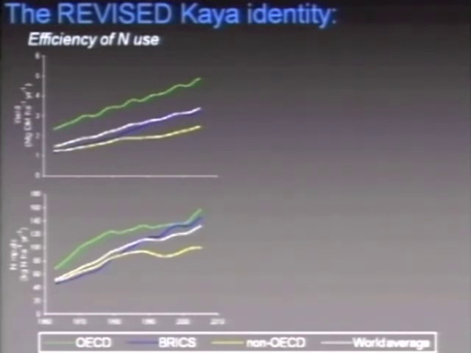We have these big emerging economies, Brazil, Russia, India, China, and South Africa, that are sometimes lumped together when people talk about greenhouse gases, because those countries are bigger and different than many of the other developing countries. And then this yellow line represents the rest of the countries, the developing countries, and then the white line's the world average. So here at the top we have yield, and here in this panel we have nitrogen inputs.